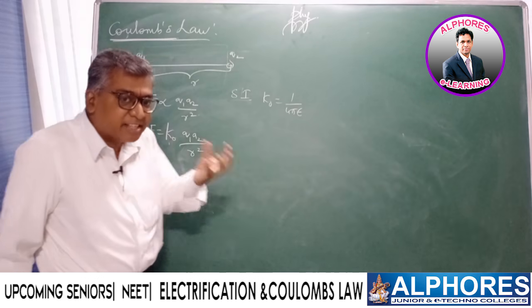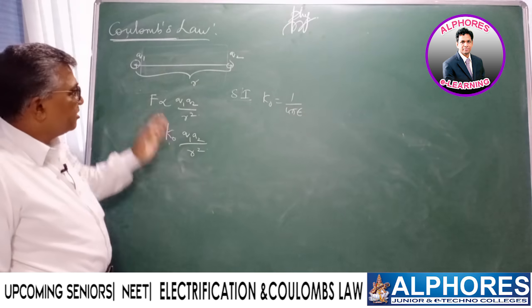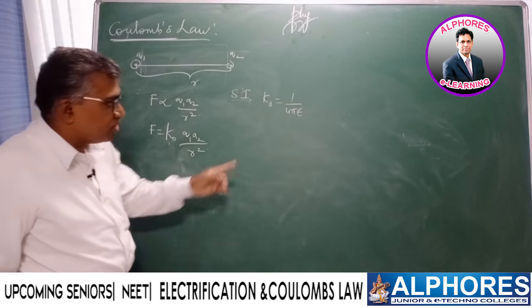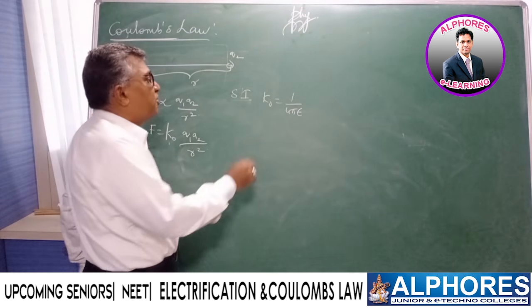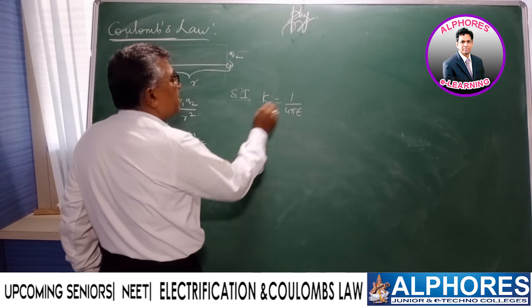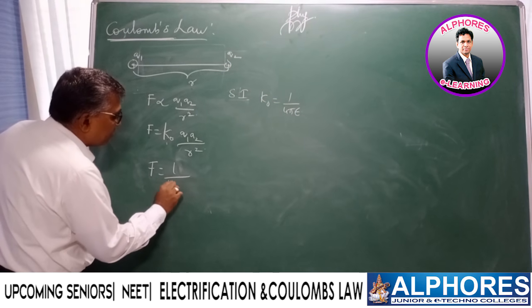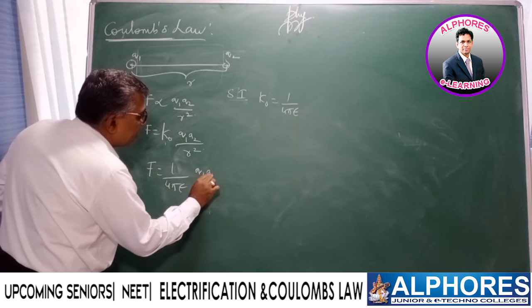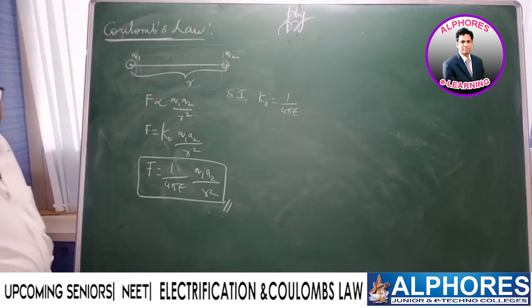It is the parameter which defines the extent to which the medium affects the force between the charges. Epsilon is the permittivity of the medium, and k naught is equal to 1 by 4 pi epsilon. So when I substitute, the force F is equal to 1 by 4 pi epsilon times q1 q2 by r square.